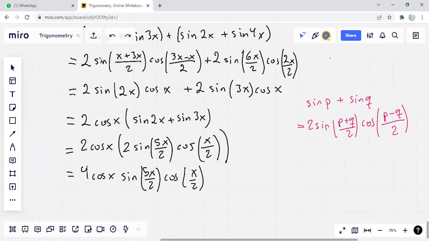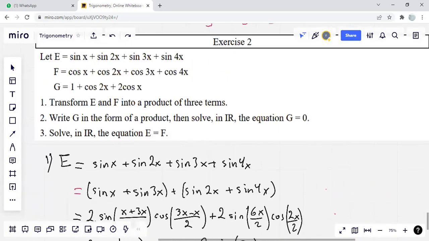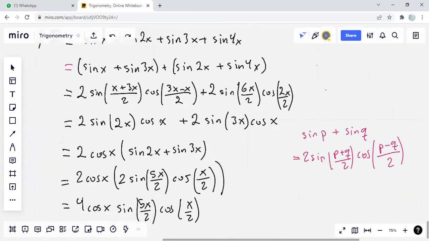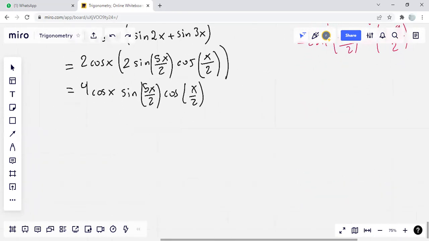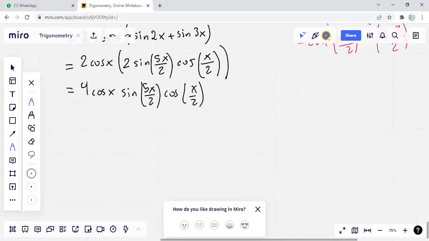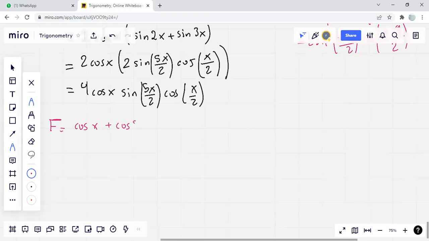We have to do F step. Okay, what's F? F is the same thing but with cosines. Okay, so let's try it out. Now F is equal to cosine x plus cosine 2x plus cosine of 3x plus cosine of 4x.